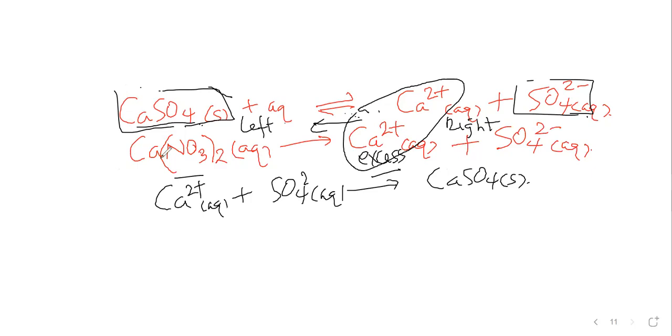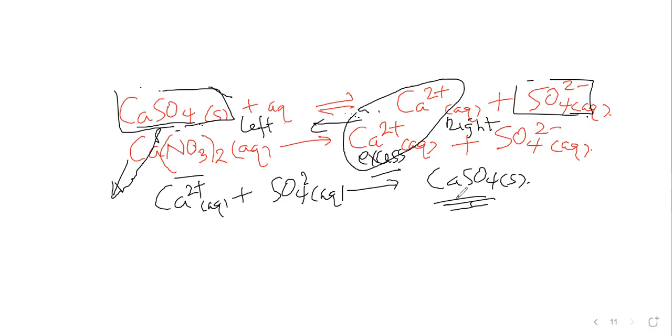So from this, we are aware that addition of a common ion to a saturated solution of a sparingly soluble electrolyte decreases solubility.